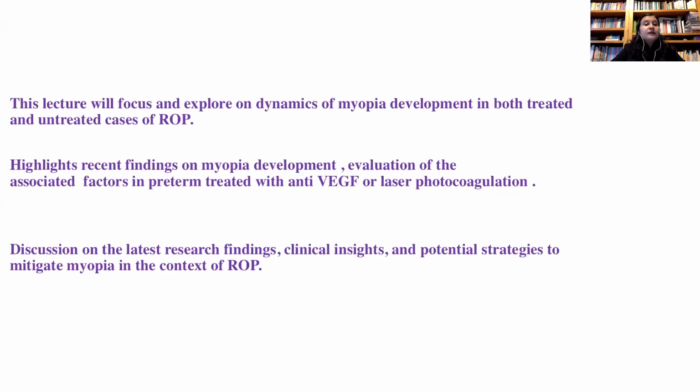It will highlight recent findings on myopia development and the evaluation of various factors associated with preterm babies who are treated with anti-VEGF or laser photocoagulation, and we'll also see what happens in untreated patients. We will discuss the latest research findings, clinical insight, and potential strategies in the context of myopia related to ROP.